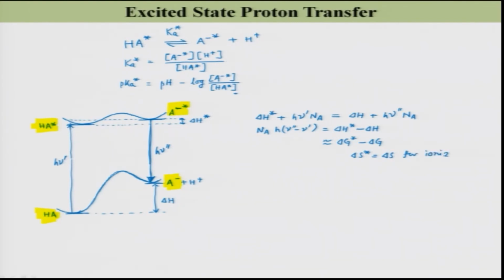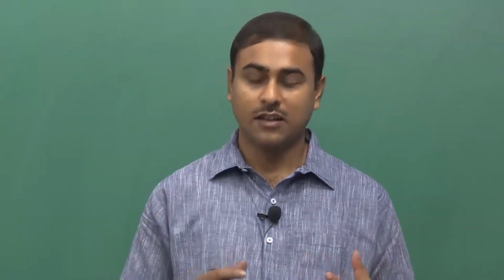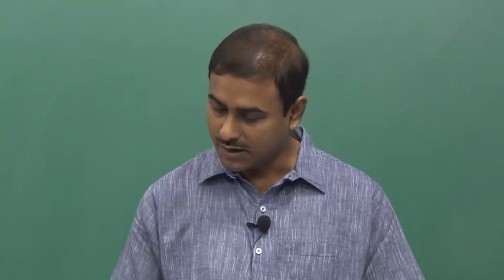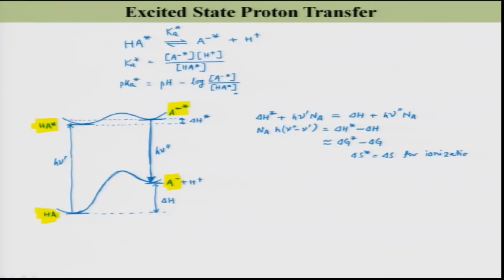It is just whether the ionization is taking place in the ground state or in the excited state, the change in entropy should be similar, it should not be very different, right? So, ionization, right, and I know that delta G is equal to 2.303 RT pKa, right, RT pKa.